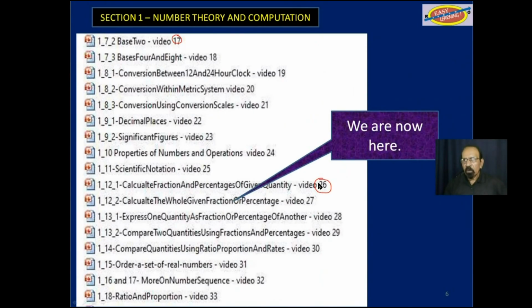And right now, we are here, the second video in objective 12 of section 1, which is video 27. We still have to go up to 33. So we have a few more videos to finish this section.